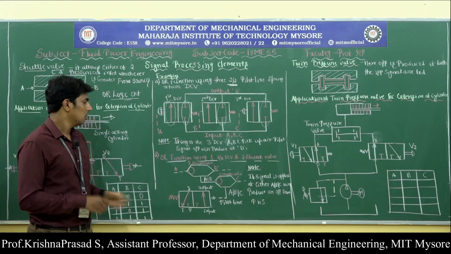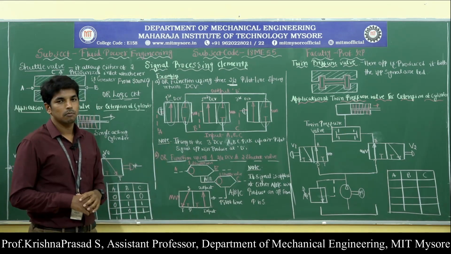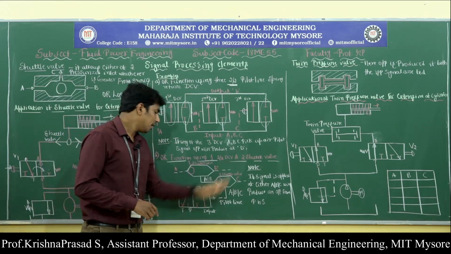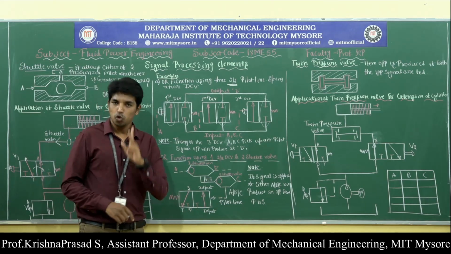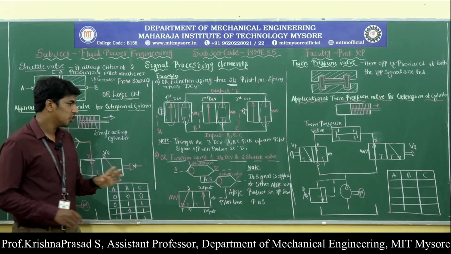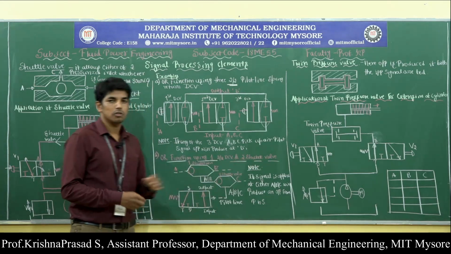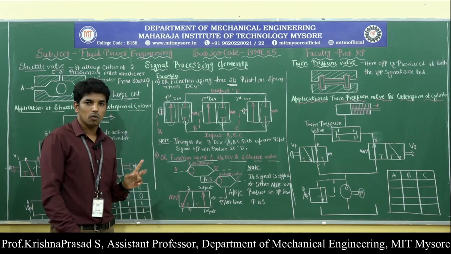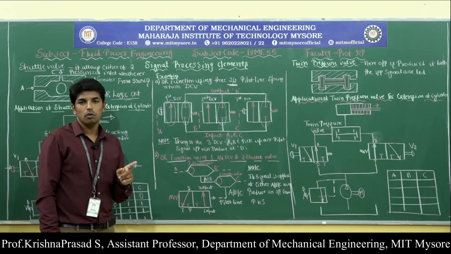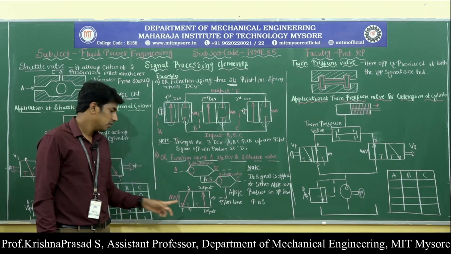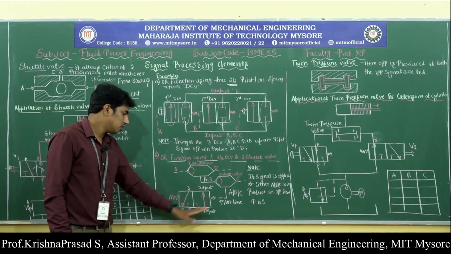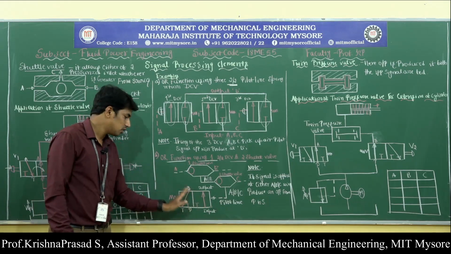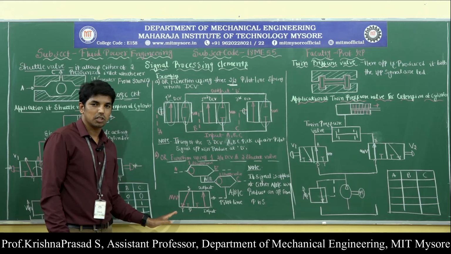Second, the OR function using one 2x2 direction control valve, that means 2 ports and 2 positions, and 2 shuttle valves. Observe here, it consists of one 2x2 direction control valve. This condition is called the normally open position and this condition is called the normally closed position.